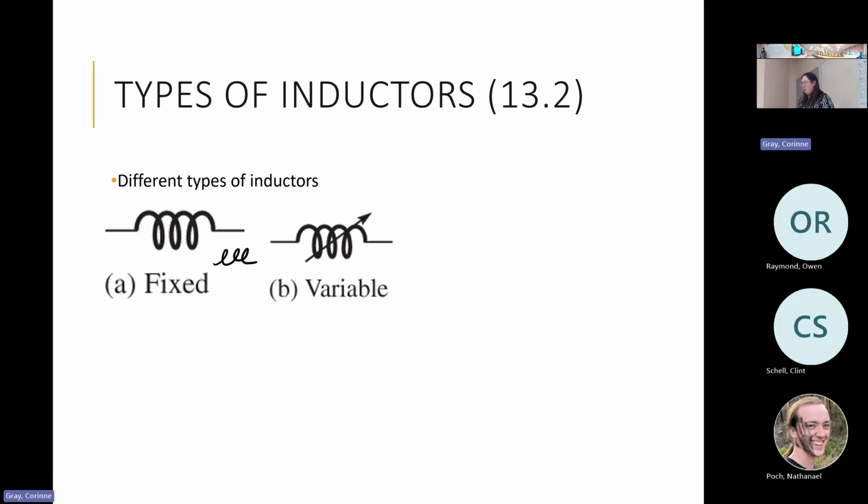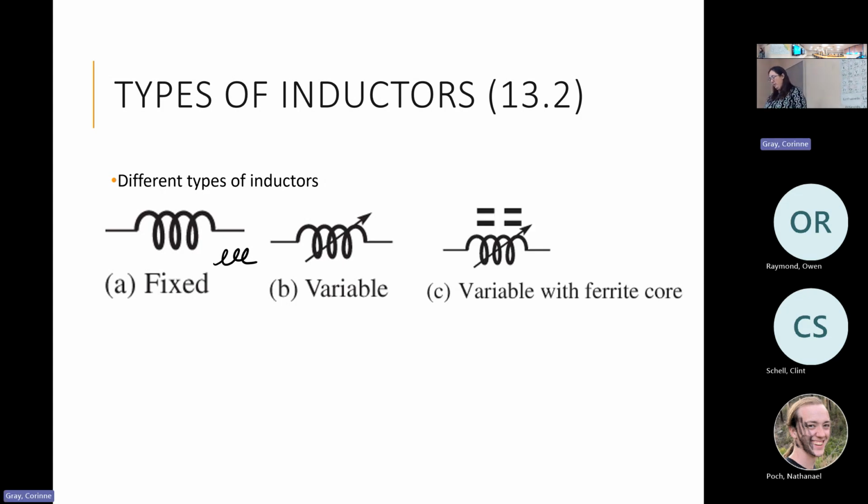For a variable inductor, depending on the exact device itself, what you might have happen is, and we'll talk about series here on the next slide, you'll go through and maybe you'll add some length to the inductor. You could have variable with a ferrite core, where ferrite is an iron-based material.